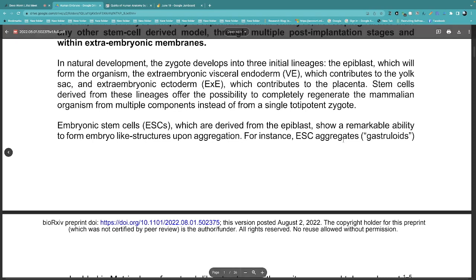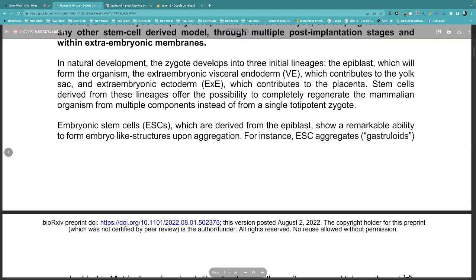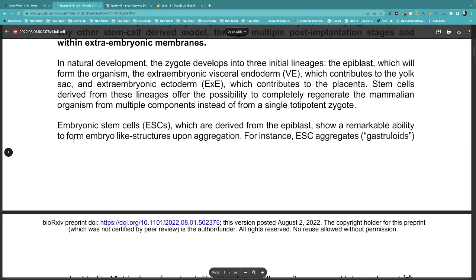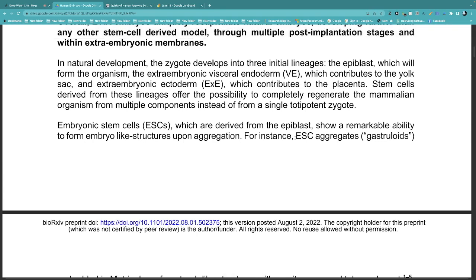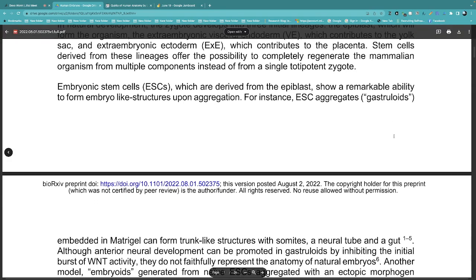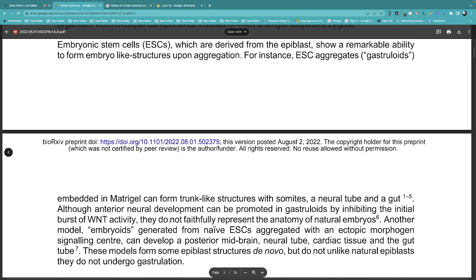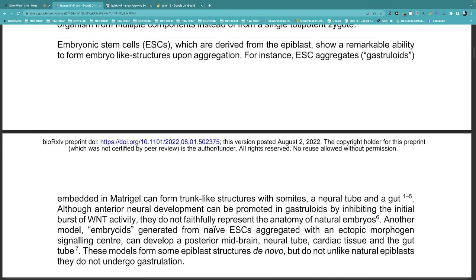So ESCs, embryonic stem cells, which are derived from the epiblast, show a remarkable ability to form embryo-like structures upon aggregation. So we have ESC aggregates called gastroloids, which, if you embed them in Matrigel, this medium that they often use to do 3D cell culture, can form trunk-like structures with somites, a neural tube, and a gut.